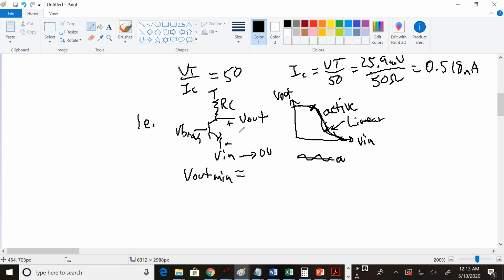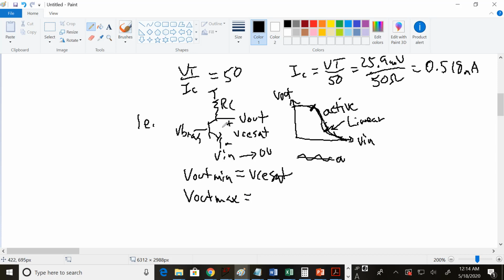V out needs to be at least a VCE sat above V in, or your transistor will be in linear, and you want your transistor to be in the active region. So the lowest this can go is actually VCE sat, and the maximum V out can go is forever.